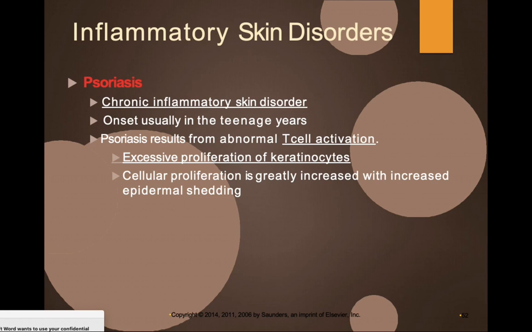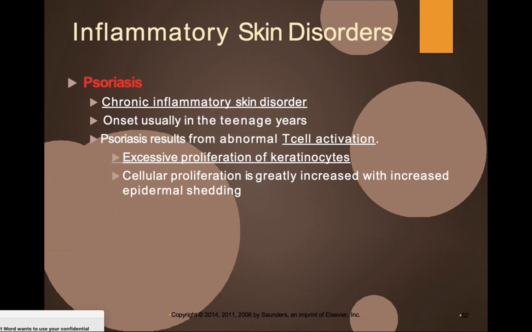Psoriasis. This is a chronic inflammatory skin disorder, and the onset usually happens somewhere in the teenage years, and this results from abnormal T cell activation. There's excessive proliferation of the keratinocytes, and the cellular proliferation is greatly increased with increased epidermal shedding.